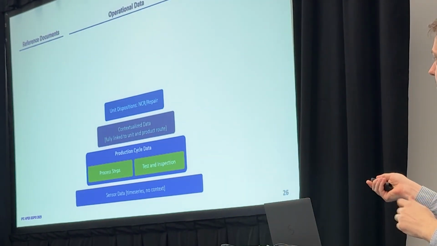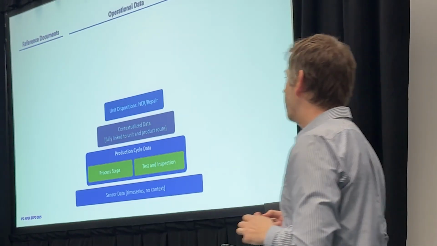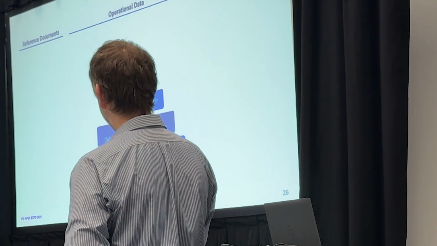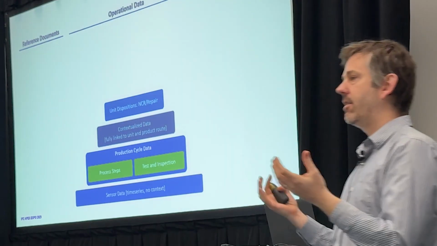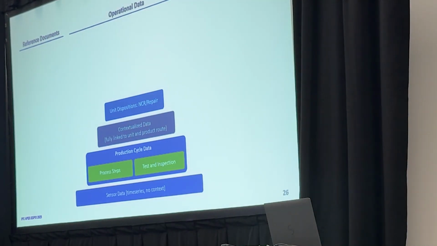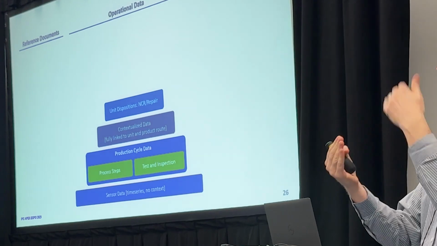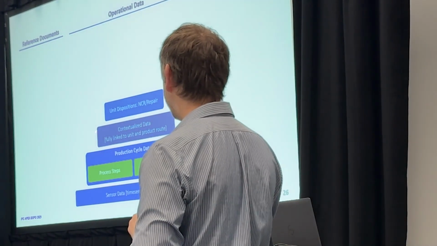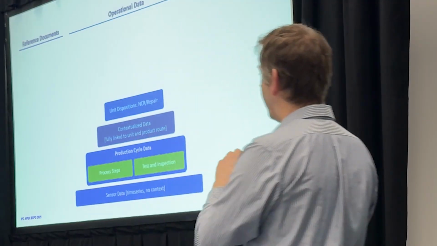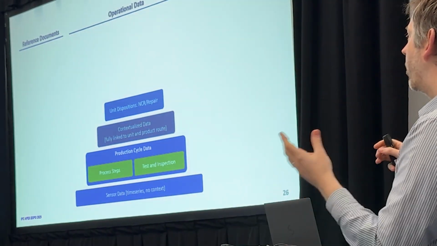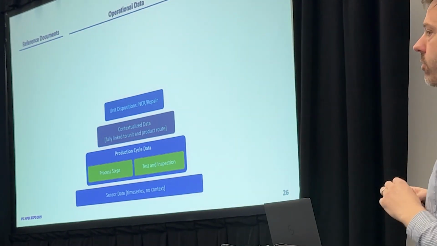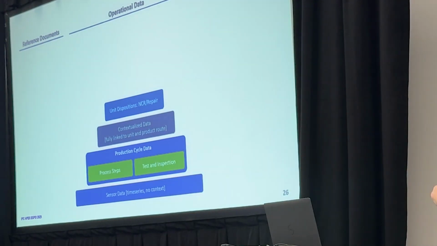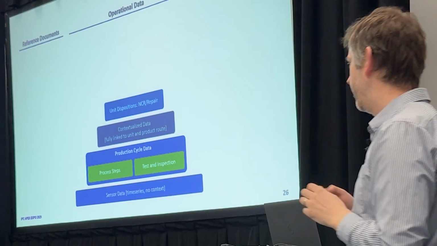So you've got the next layer in the pyramid, which is the subset of the production cycle data that, for whatever reason, it was decided to do the extra effort to contextualize, put into the MES, maybe link to a production route, link to a unit. So you have this subset of data that might be in your MES system or might not be, but might be possible to fully link on demand if you want to, because the right identifiers, usually serial numbers, are present.